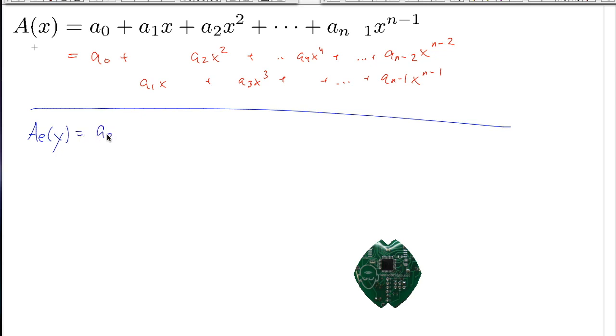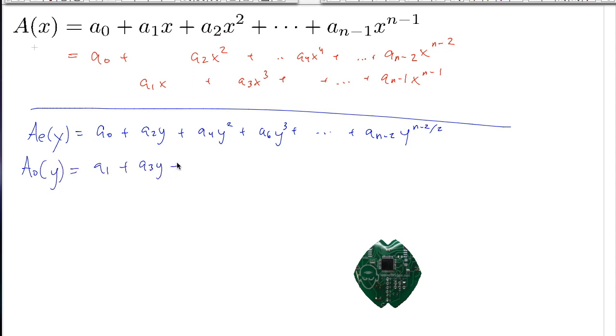And so that's going to be a0 plus a2 y plus a4 y squared plus a6 y cubed plus dot dot dot a n minus 2 times y to the n minus 2 over 2. And now I'm going to define an A odd, which is just going to be a1 plus a3 y plus a5 y squared plus dot dot dot a n minus 1 times y to the n minus 2 over 2. Notice this is n minus 2 over 2, and this bottom exponent is also n minus 2.